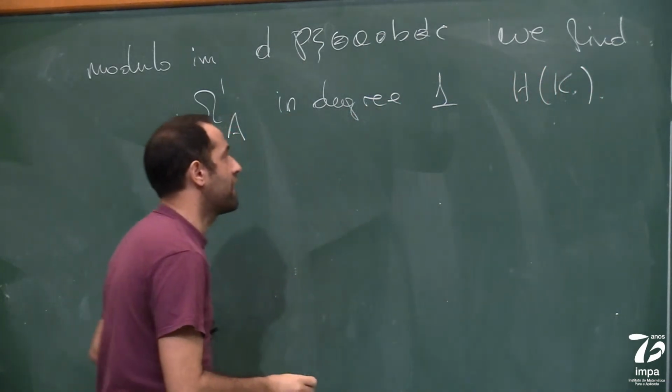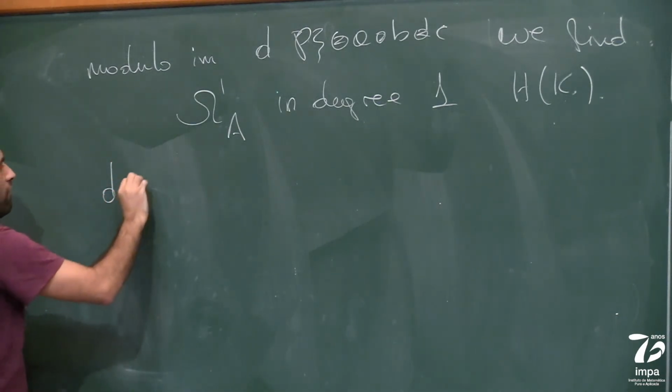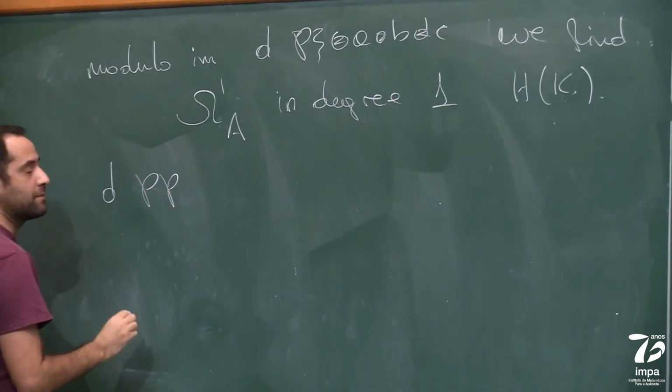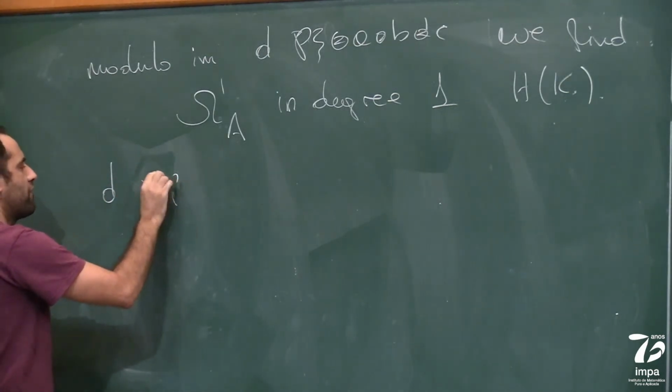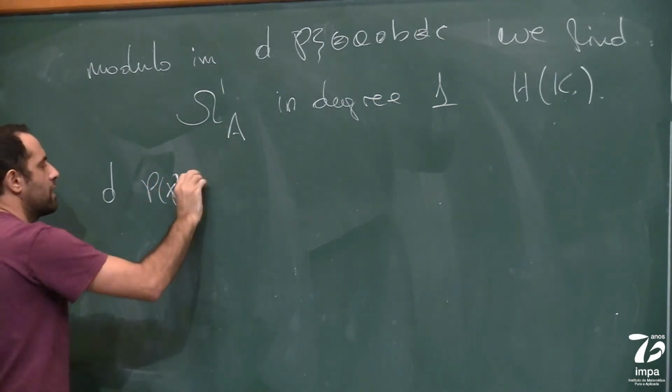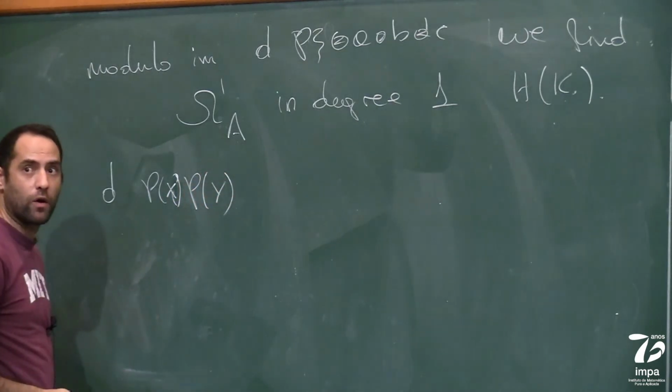But we still have the differential of this P function times P function. So you can take it to be P of x. It doesn't matter which combination you take. All of them lead to cohomologous elements.